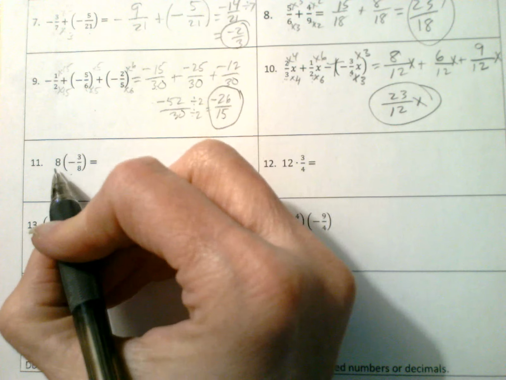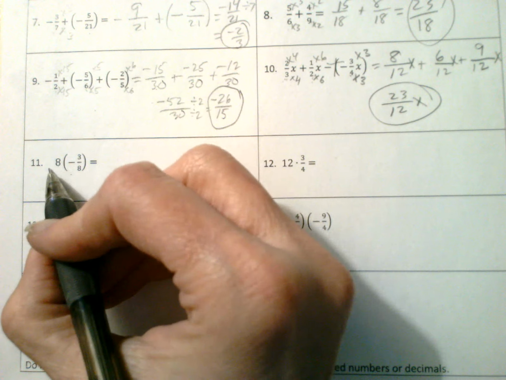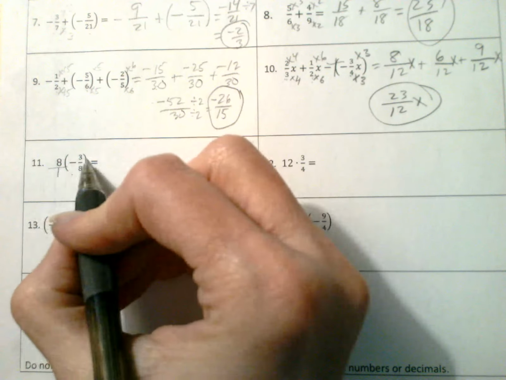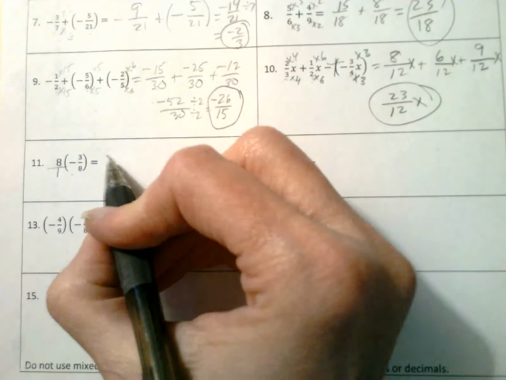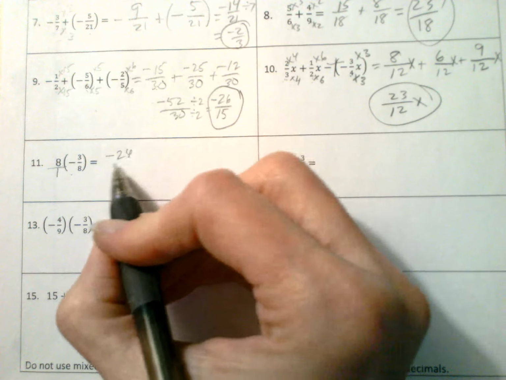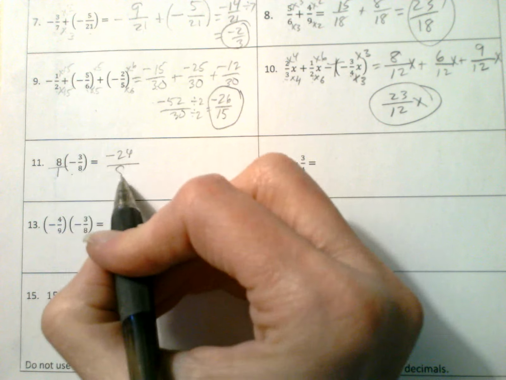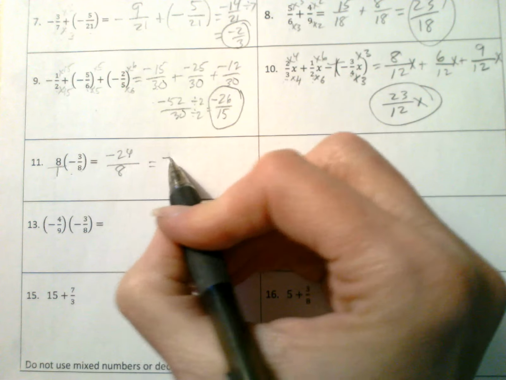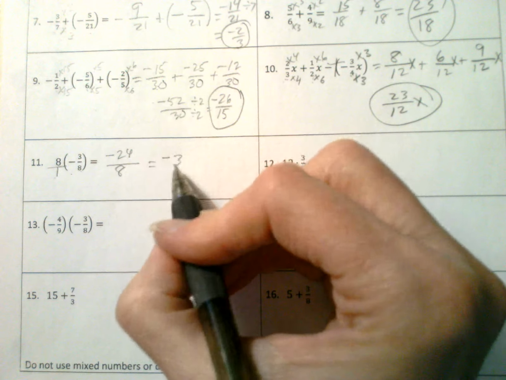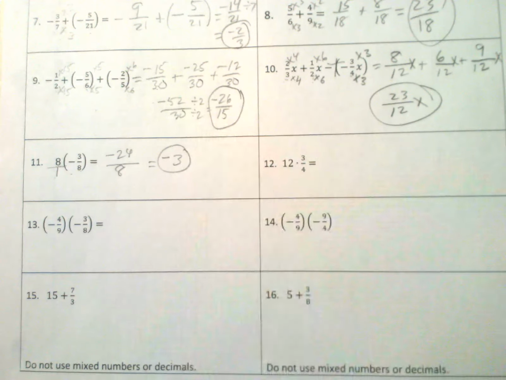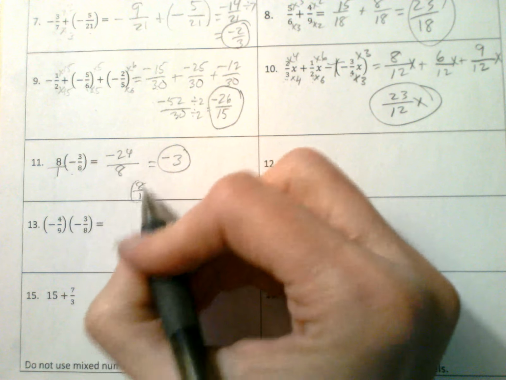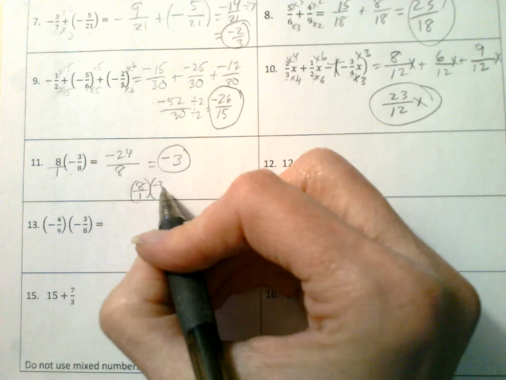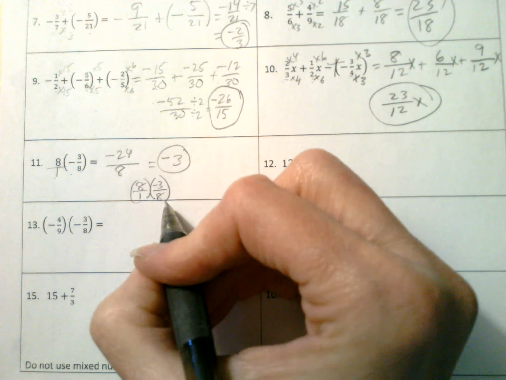8 times this negative fraction, where whole numbers are in the numerator. So this is a positive 8 times a negative 3 is a negative 24. 1 times 8 is 8. You reduce that, 8 goes in 3 whole times. You can do the cross out method. This is 8 over 1 times negative 3 over 8.